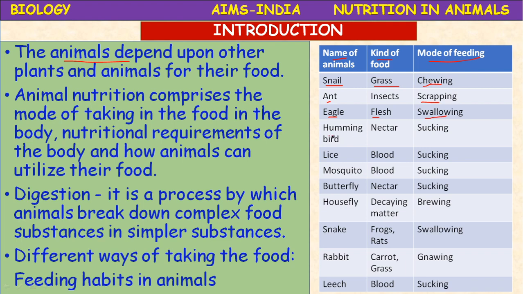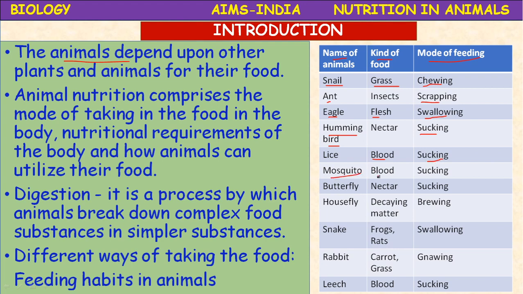Next, hummingbird. Hummingbird is a herbivorous bird. It feeds on the nectar of flowers. So the mode of feeding is sucking. Lice or head lice feed on the blood of vertebrates. They have sucking type of mouth parts, so the mode of feeding is sucking.